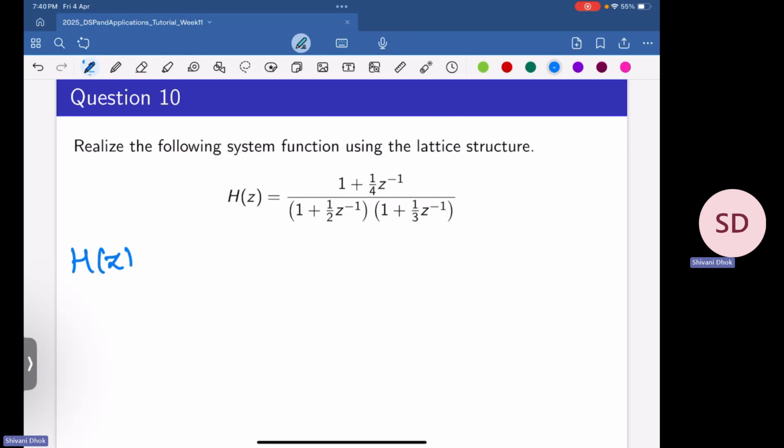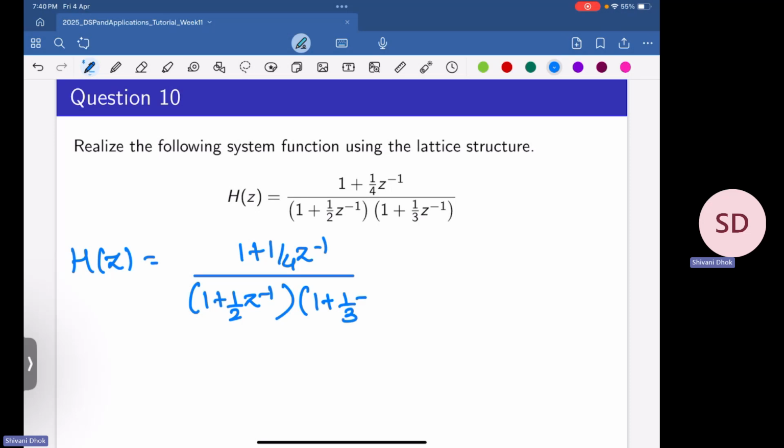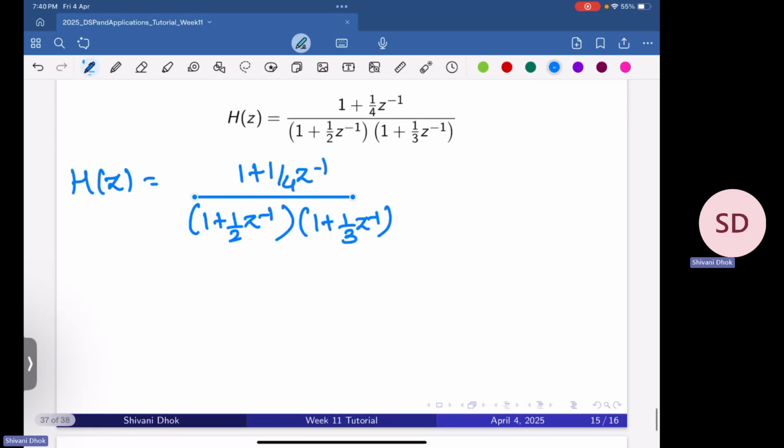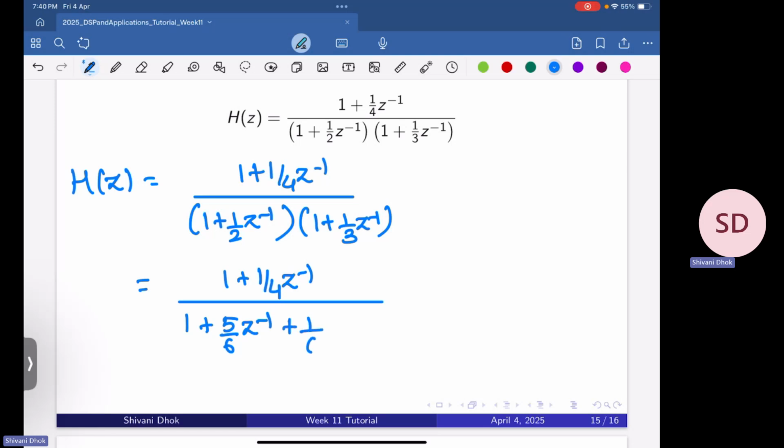So we are given this H of z as 1 plus 1 by 4 z inverse, whole divided by 1 plus 1 by 2 z inverse into 1 plus 1 by 3 z inverse, and I can simplify the denominator and get the denominator polynomial. So that will be 1 plus 5 by 6 z inverse plus 1 by 6 z to the power minus 2.